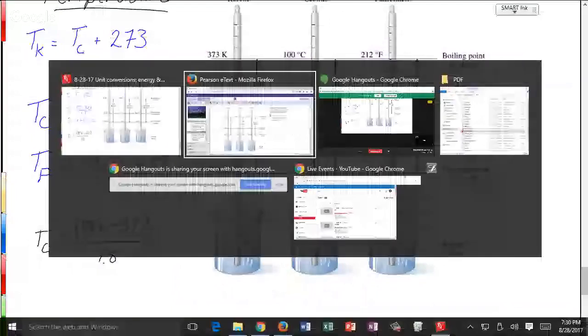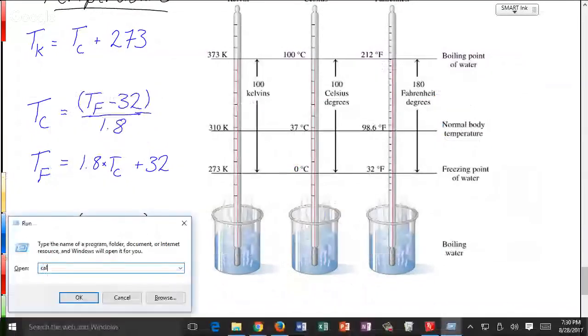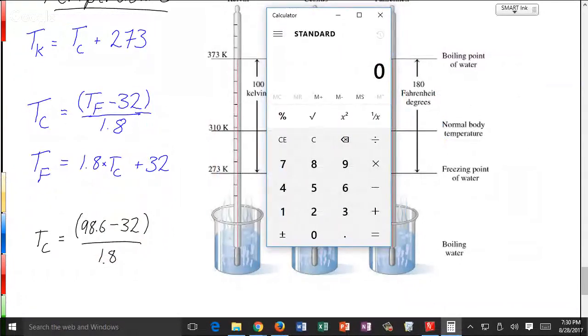So if I do this on a standard calculator like this, I want to go 98.6 minus 32. Make sure I hit enter first, and then divide by 1.8. Get 37.